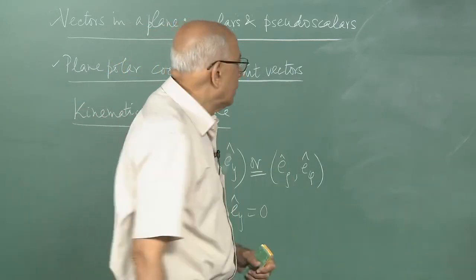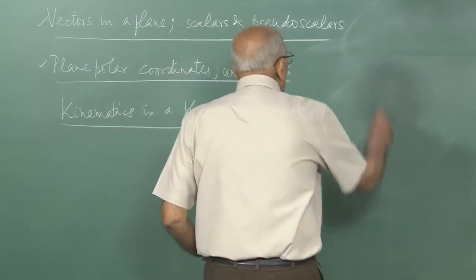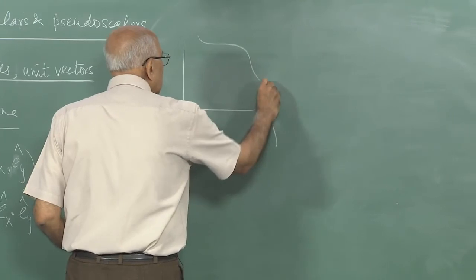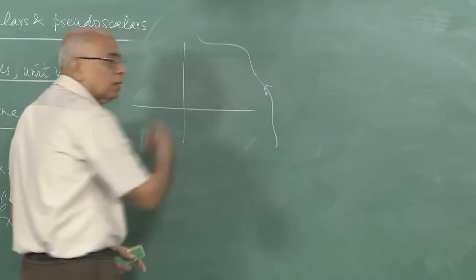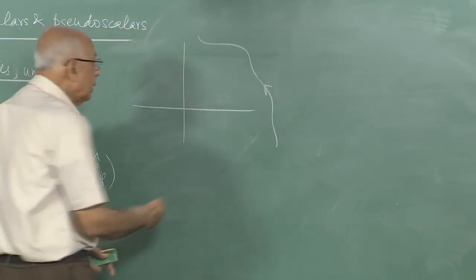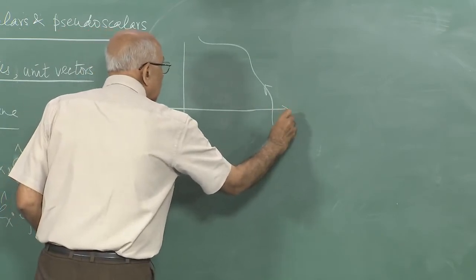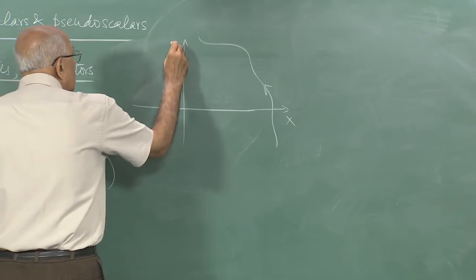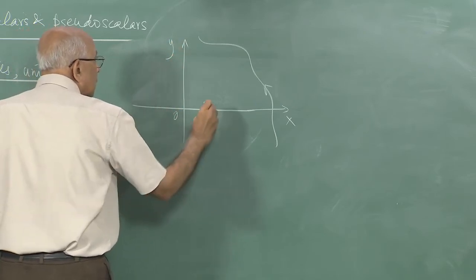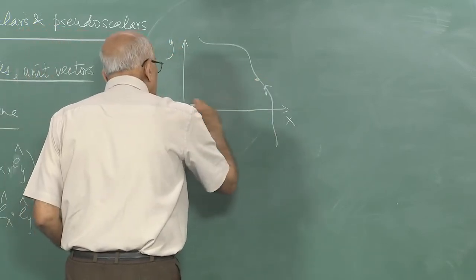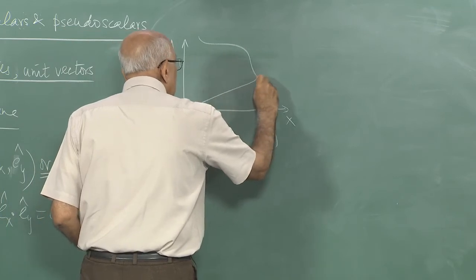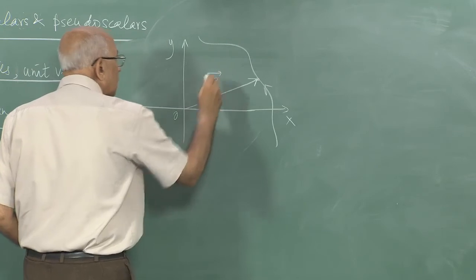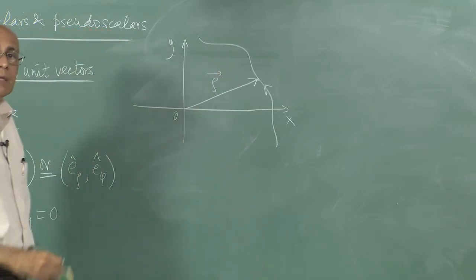Now first of all, if you have a particle moving in the plane in some arbitrary trajectory in this fashion, that is the path of a particle as a function of time, then to understand the motion of this particle you use the fact that its position vector at any particular point is the radius vector, which we call rho in this fashion, and that is a function of time.